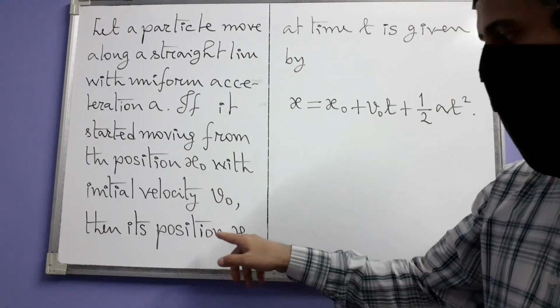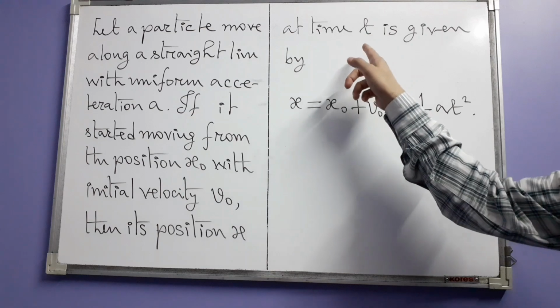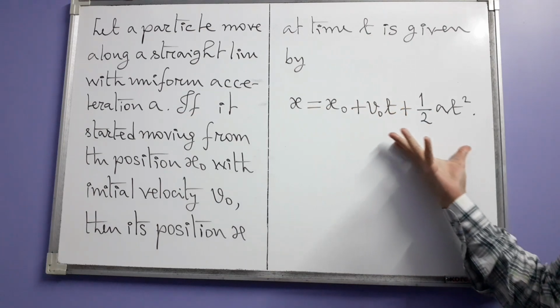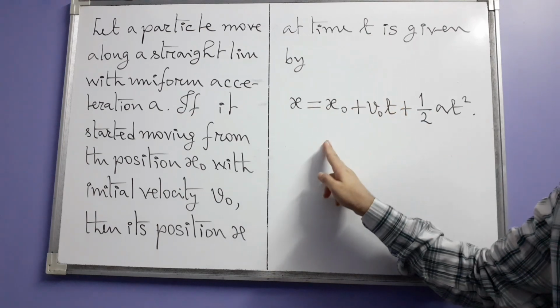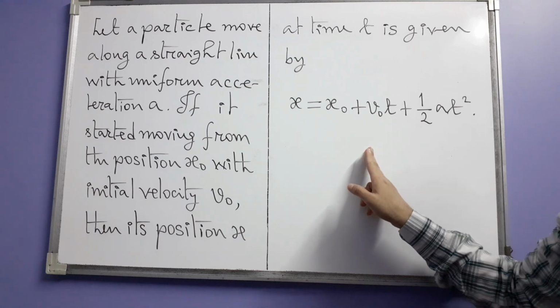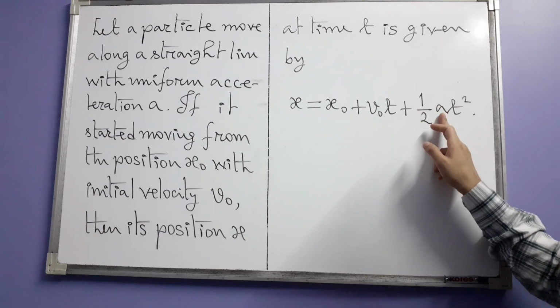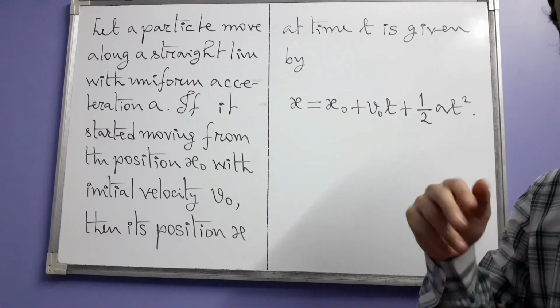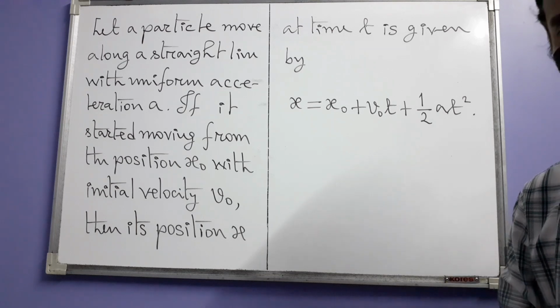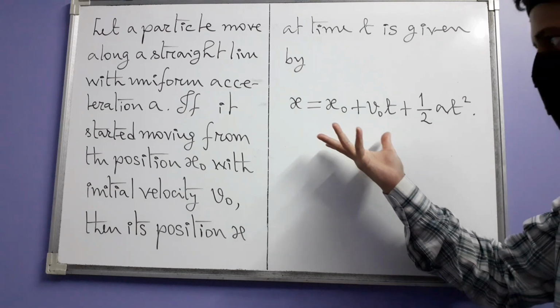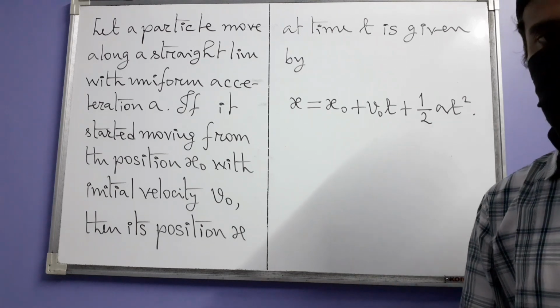Then its position x at time t is given by this equation: x equals x0 plus v0 t plus 1/2 of acceleration times time square, a t square. Is this equation dimensionally consistent?